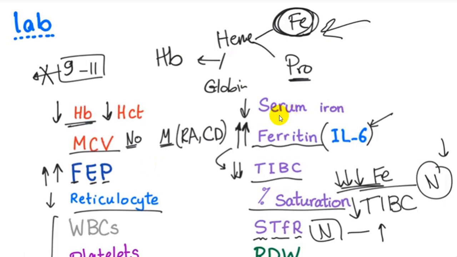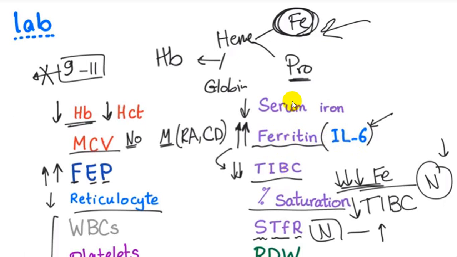Serum iron level is reduced because iron which is there in the store is not provided to RBC for synthesis of hemoglobin. Ferritin level is elevated, and that is partly because of the inflammatory process, because interleukin 6 acts as an acute phase reactant, and this does not give you any idea, and TIBC level will be low.